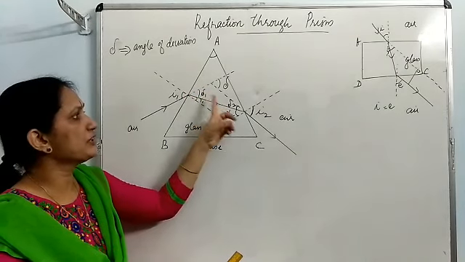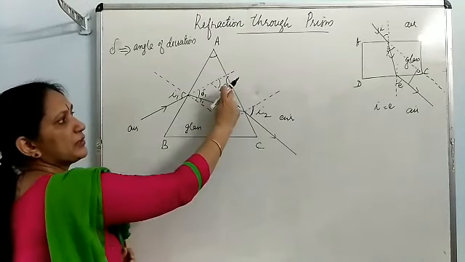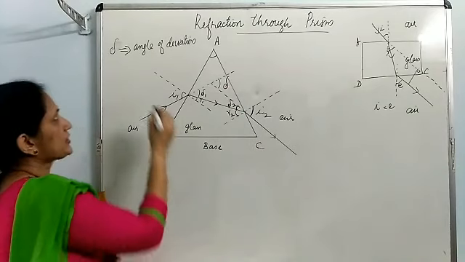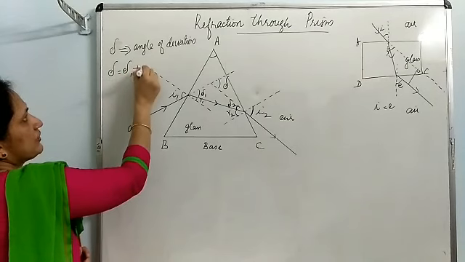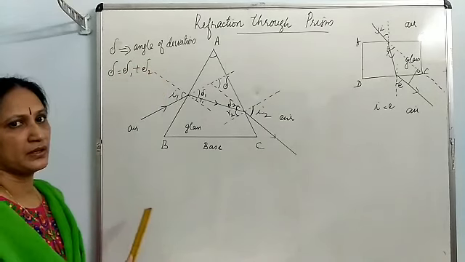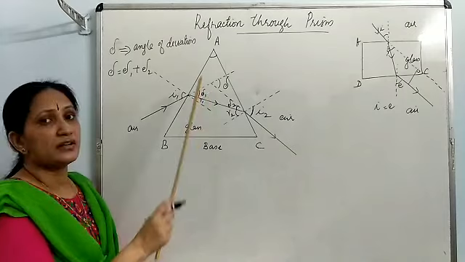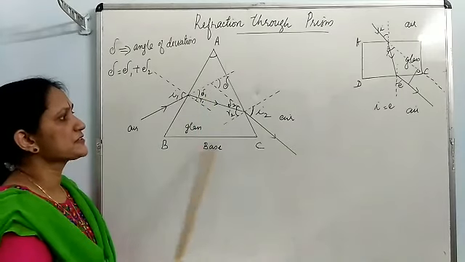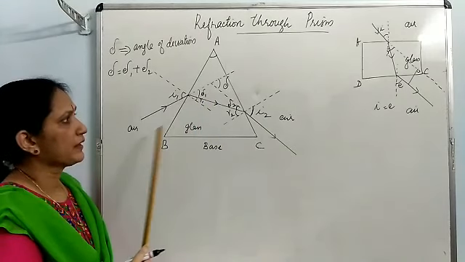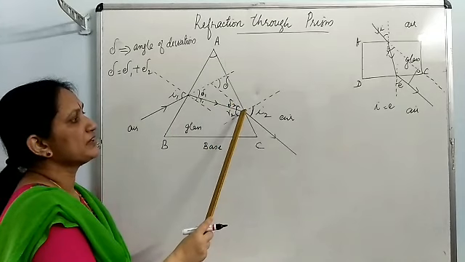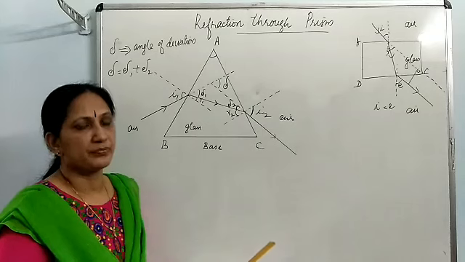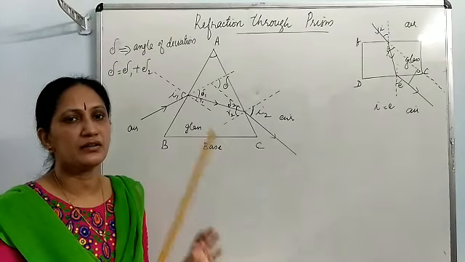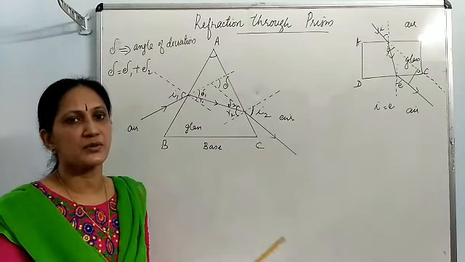And sum of these two deviations, that will be the total angle of deviation. That means delta is equal to delta 1 plus delta 2. Delta 1 is the deviation happened on the first face AB. Delta 2 is the deviation happened on the face AC of the prism. Remember, deviation, angle of deviation you can mark.